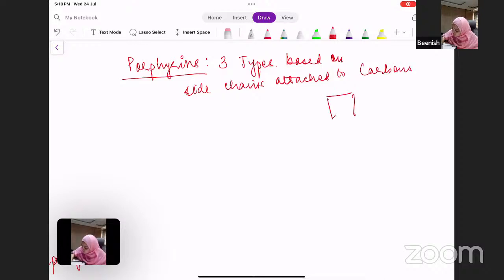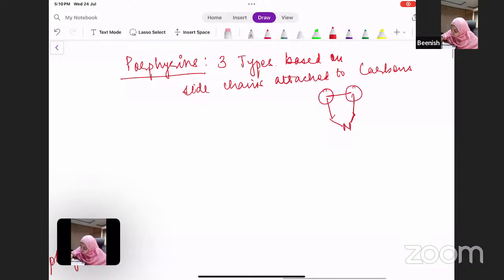That is, you have these pyrrole rings. Okay, 4 such pyrrole rings are there in the structure of porphyrin. So to these carbons, different side chains are attached, and depending upon the different side chains that are attached, you have 3 different types of porphyrins.